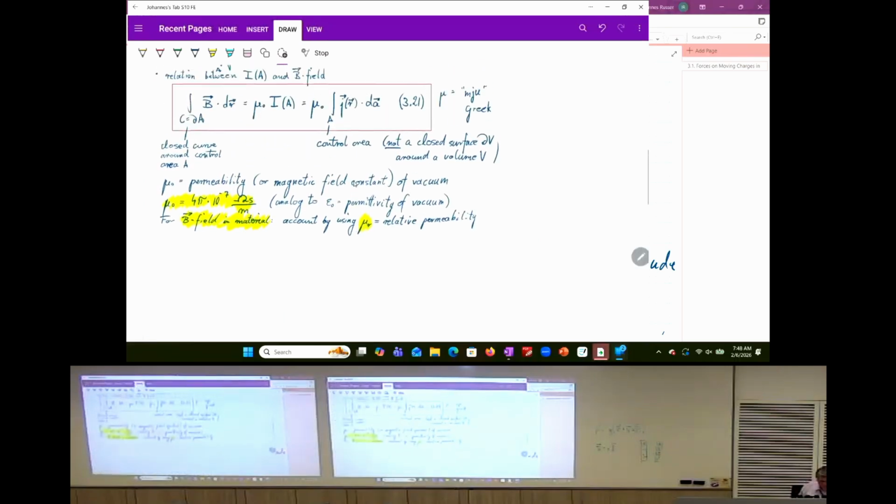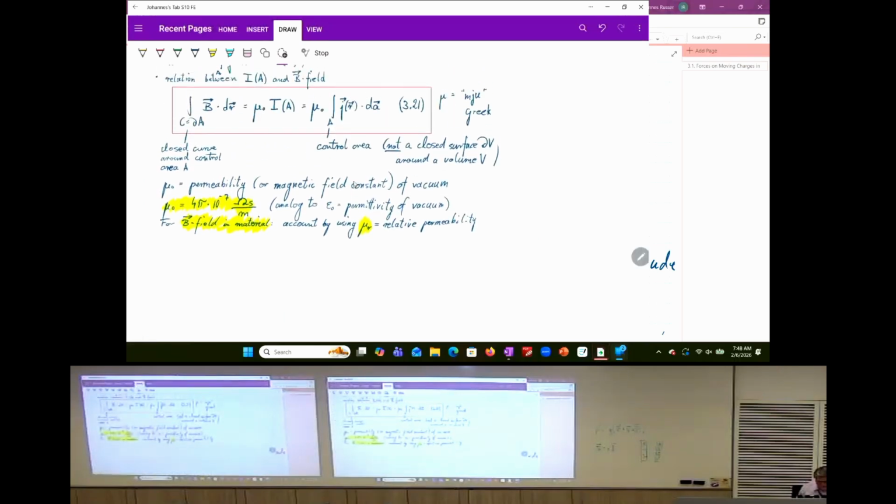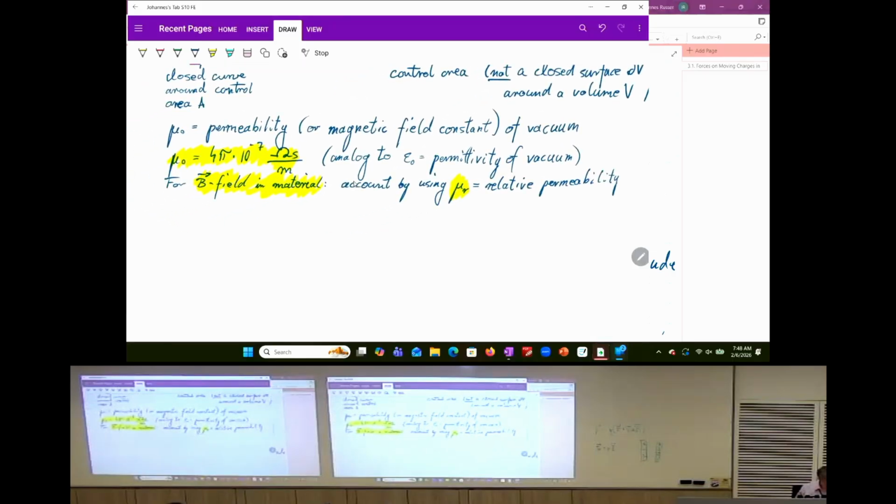So now we had this first relation between the magnetic induction and the current. If we have it now in material, then we make the adjustment, and that looks as such: we again take the closed integral over the curve enclosing the control area over the B field.